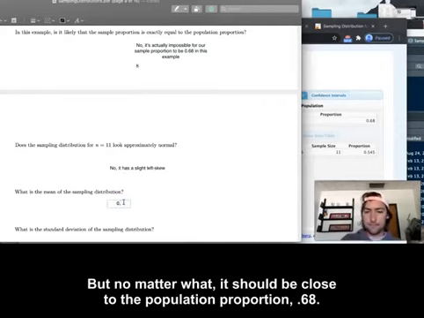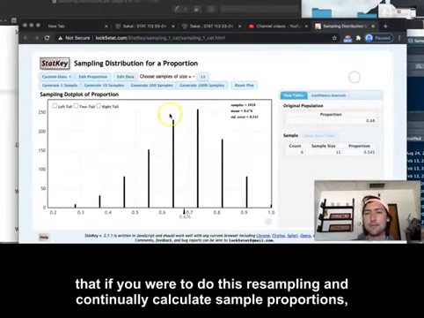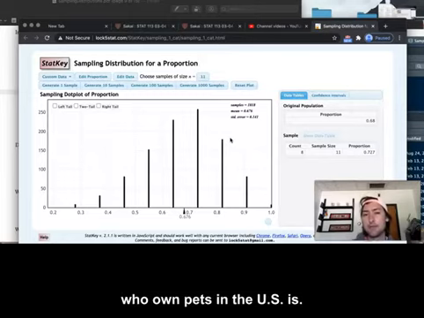But no matter what, it should be close to the population proportion, 0.68. That's an important trait, and it should make some intuitive sense that if you were to do this resampling and continually calculate sample proportions, they would be centered around what the actual proportion of families who own pets in the US is.